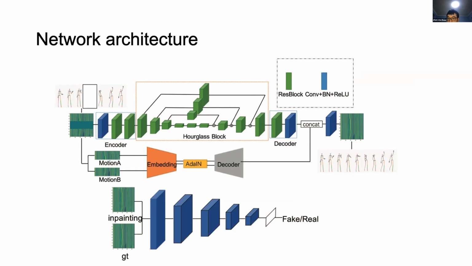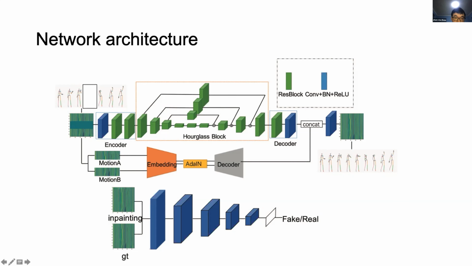We use the AdaIN layer. It can align the mean and the variance of the embedding features of these two motions. So next we concatenate AdaIN's output with the hourglass network to produce a final inpainting result, where the embedding of the former and the latter motion could guide the training of the inpainting network.